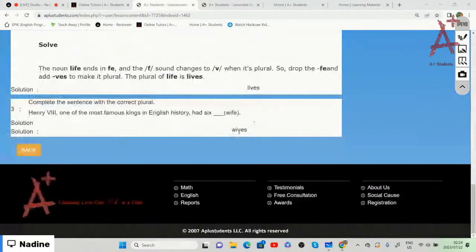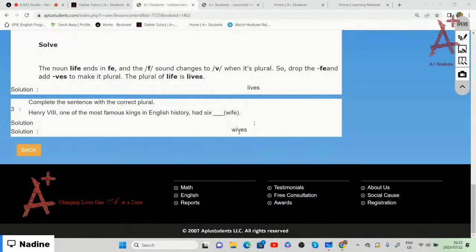All right, Henry the Eighth, one of the most famous kings in English history, had six wife, right? So which means that we drop the fe, we add the ves, and then now he has six wives.